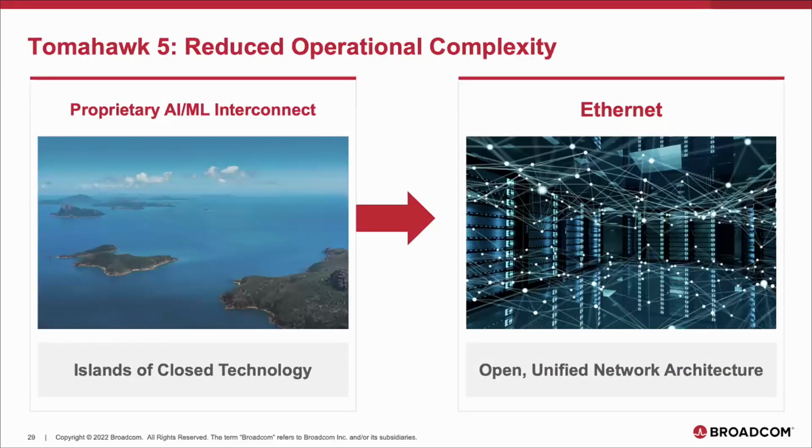So one of the benefits of using Ethernet, we see that some of the competition are pushing these proprietary networks where you have these islands of closed technology, and you'll see in some cases there'll be multiple types of proprietary networks being used. Ethernet, again, is an open ecosystem.